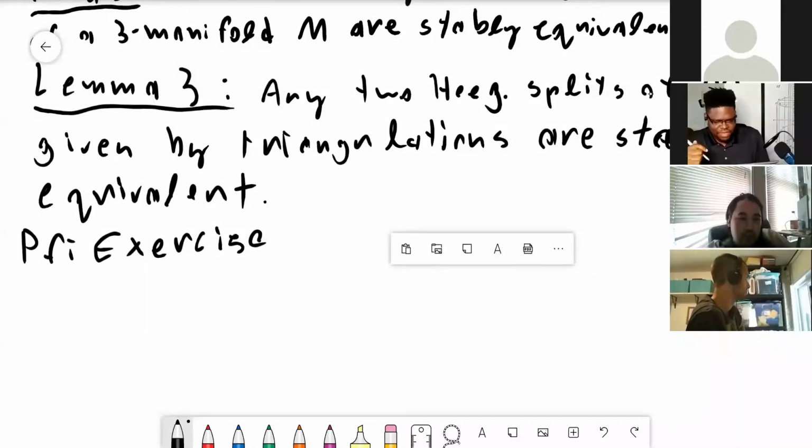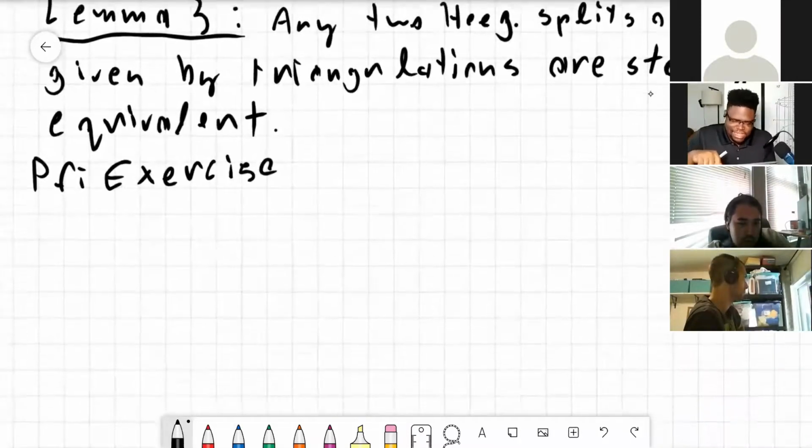So intuitively, if you think about how we built the Heegaard splitting from a triangulation, and you know that for two triangulations you can have a common refinement, you can just fill in the details of how you can build to that common refinement using just this normal stabilizing move that we did above. But I'll let you guys think about that one.